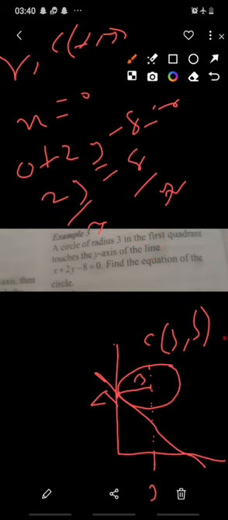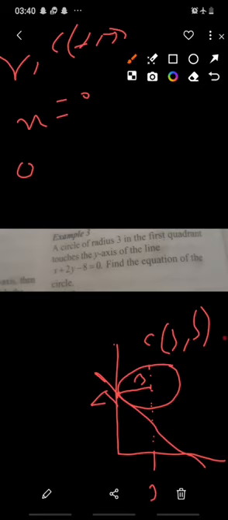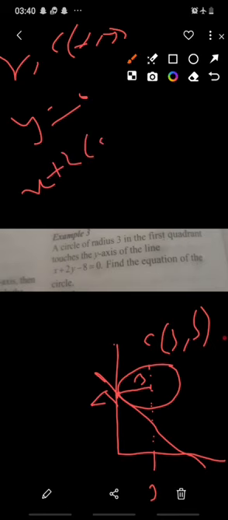And then also, to get the x-intercept, you have to put y equal to 0. So we have x + 2(0) - 8 = 0. So we have x = 8. That's the x-intercept.